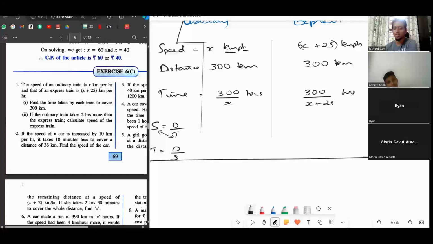Ordinary train takes 2 hours more than express train. For example, if the express train takes 10 hours, then the ordinary train will take how many hours? Wait, don't go to 300 and all that.